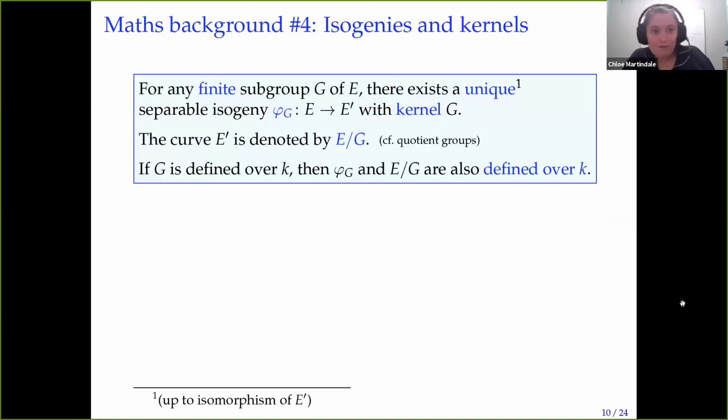Fourth maths background slide: isogenies and kernels. Remember we said that the degree of a separable isogeny was determined by the size of its kernel, but it's actually even stronger. Isogenies are determined by their kernels.